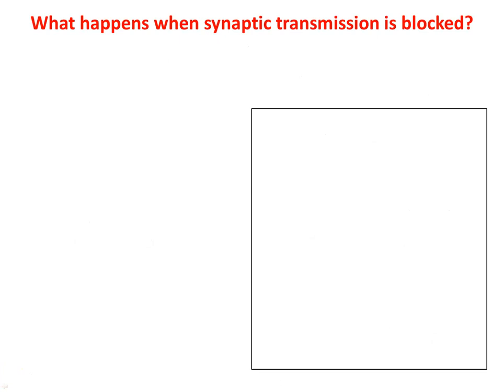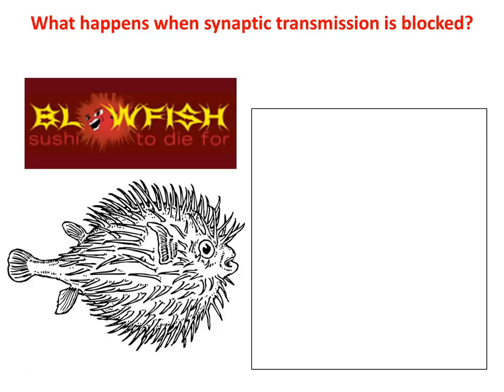I'm going to go over a few examples of what happens when synaptic transmission is blocked, which means no neurotransmitters or ions can cross the synaptic cleft into the next neuron or effector. So, blowfish. People call this blowfish, or porcupine fish, and I got this little icon here that says sushi to die for.